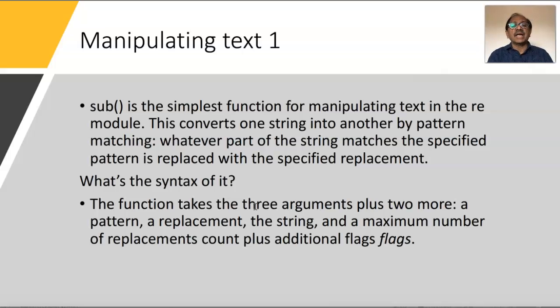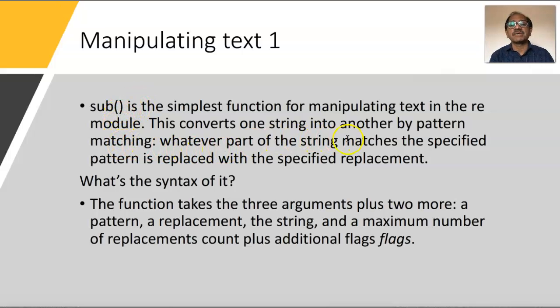To manipulate a text, we can use a function called sub, which is the simplest function for manipulating text in the re module. Re is the regular expression module. This function sub converts a string into another by pattern matching.